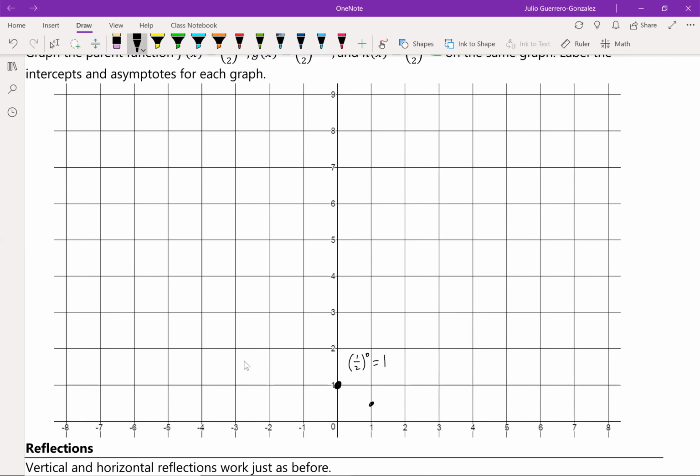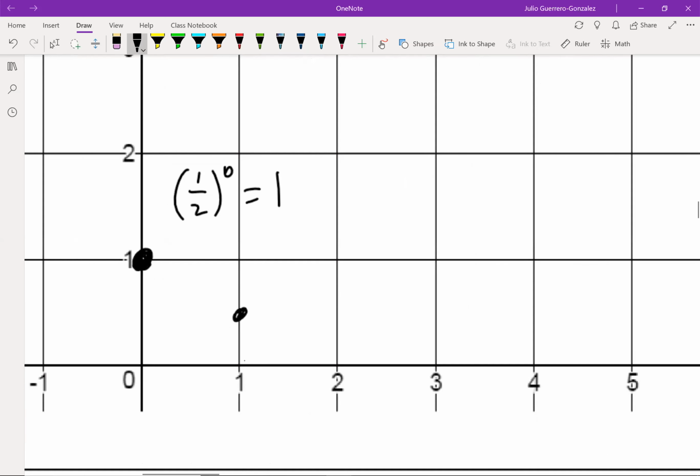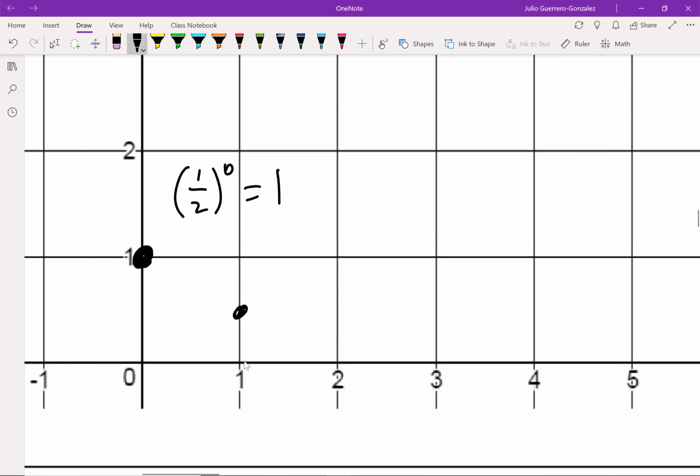The next point is going to be 1, 1/2. The reason there is that 1/2 to the first power is always just 1/2. Anything to the first power is just itself.